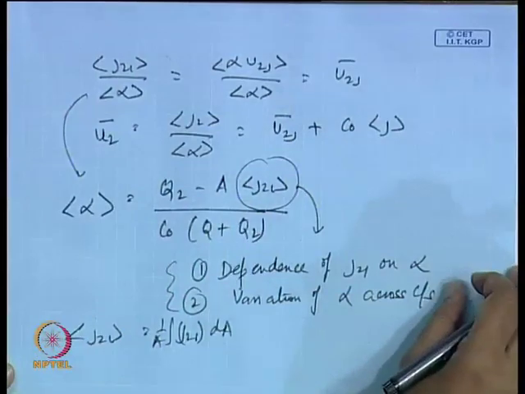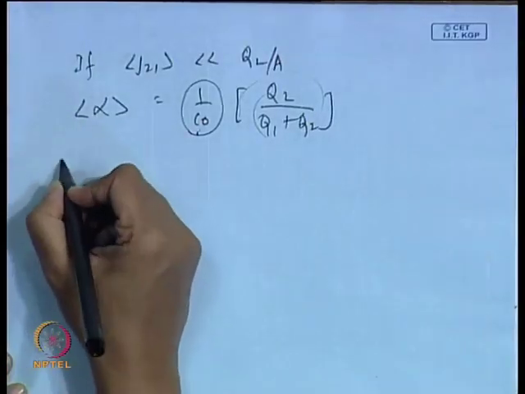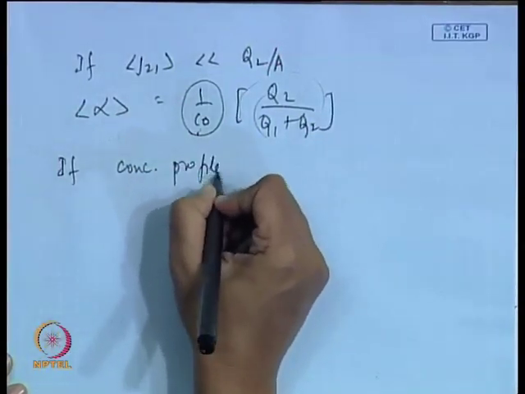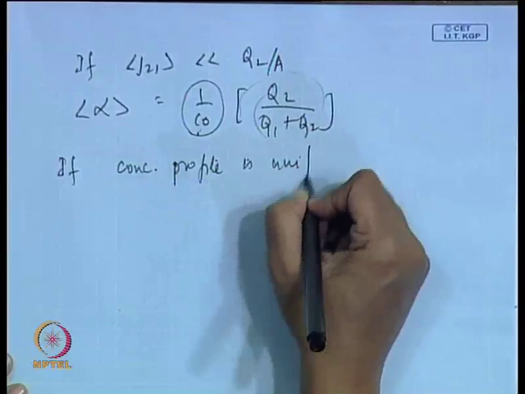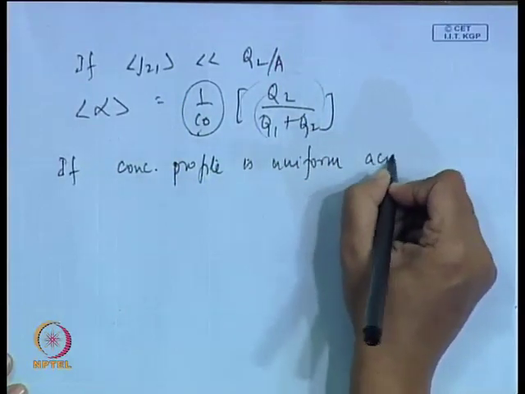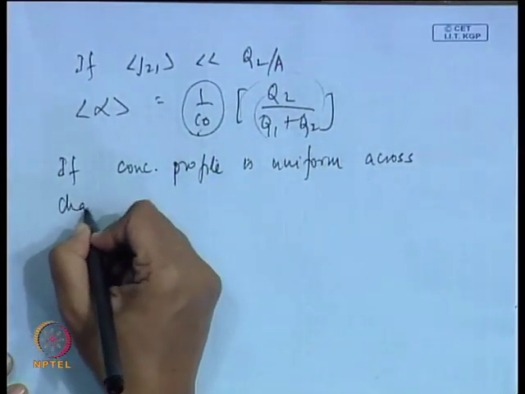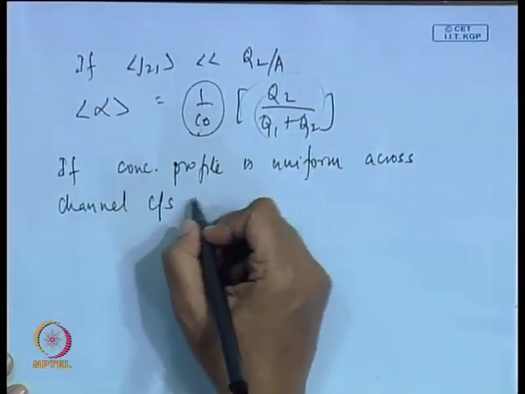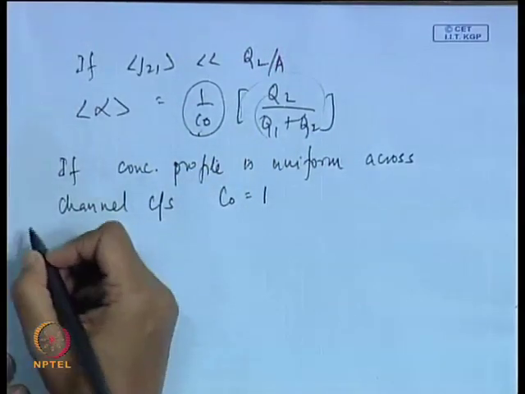This is what I would like you to know: if the concentration profile is uniform across the channel cross section, C0 equals 1.